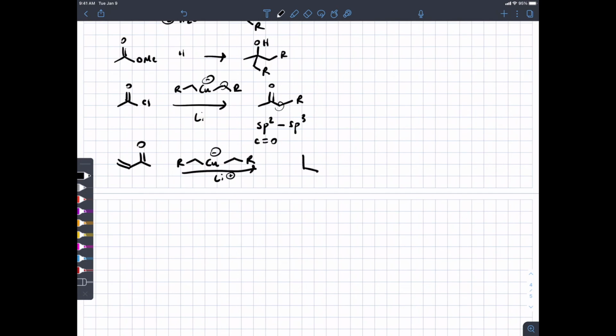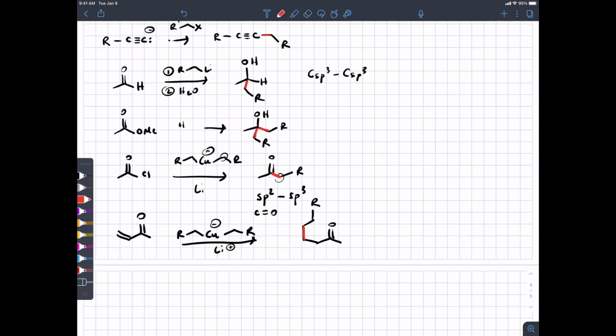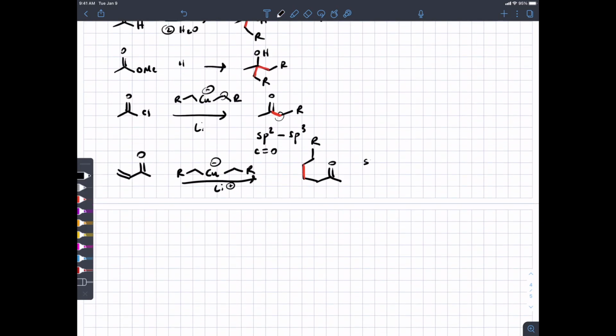But that would make a new carbon-carbon bond here. And in each of these cases, let's highlight the new carbon-carbon bonds that are formed. Okay, so this is an sp3 to sp3 type carbon-carbon bond.